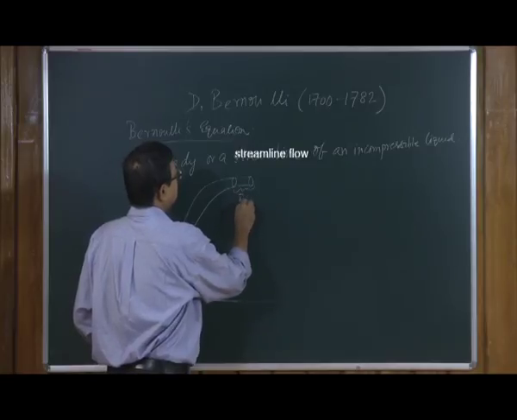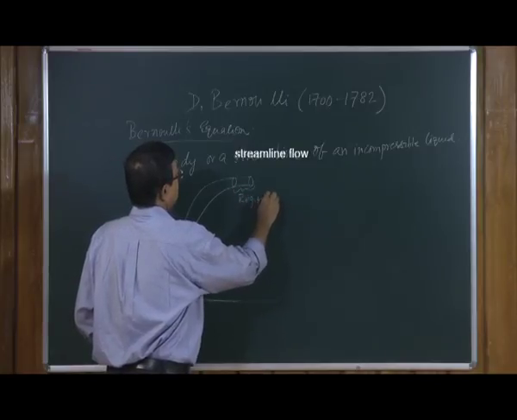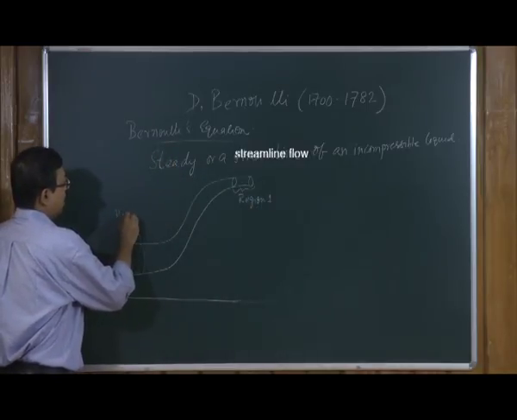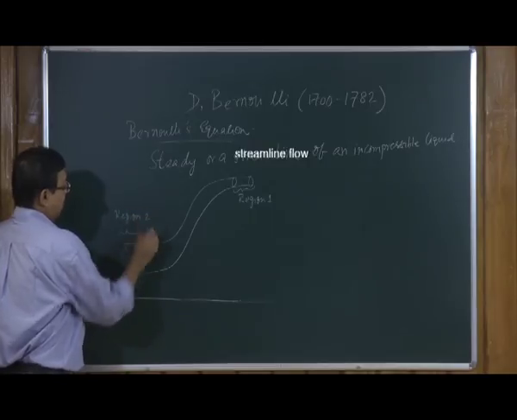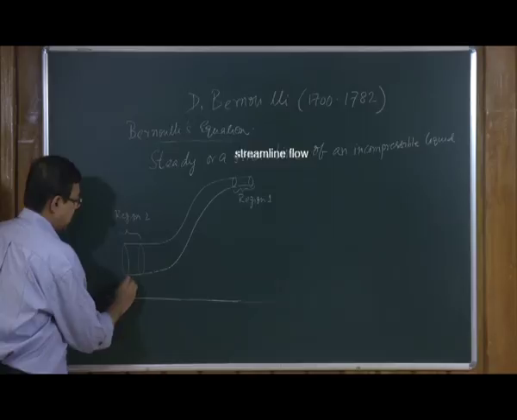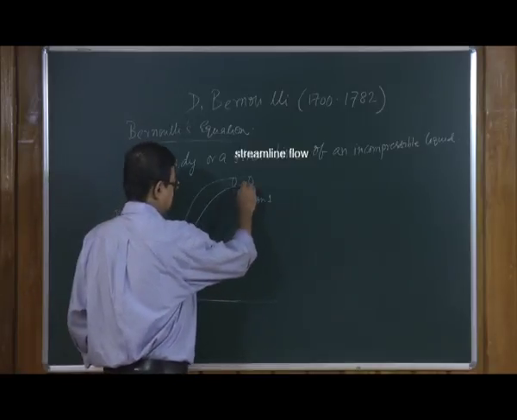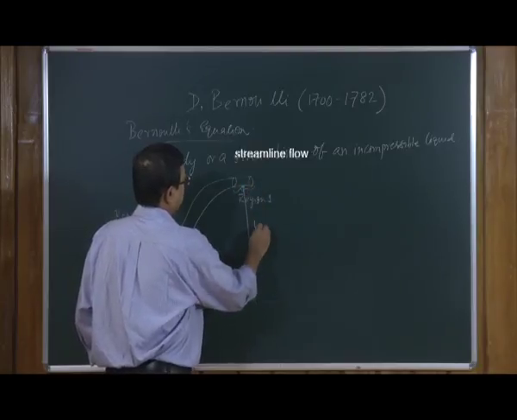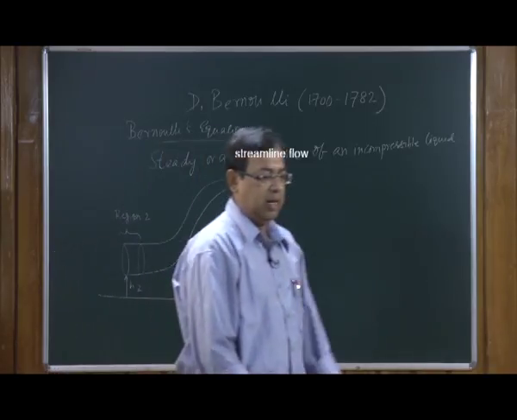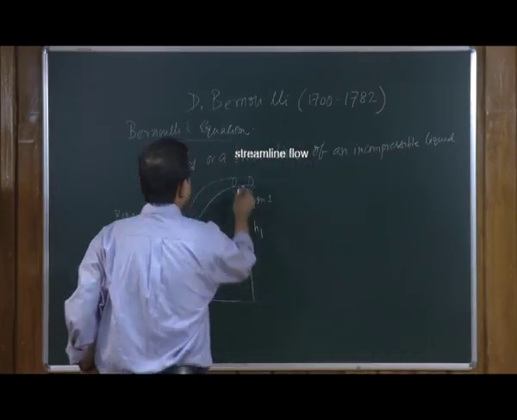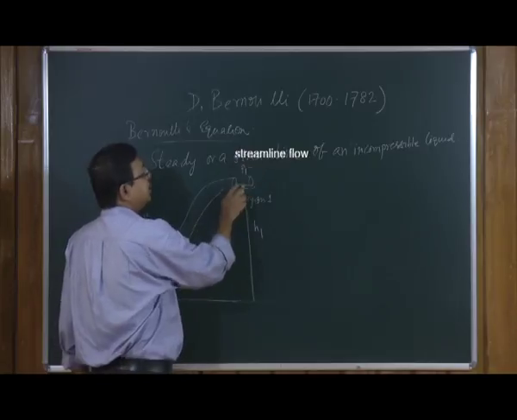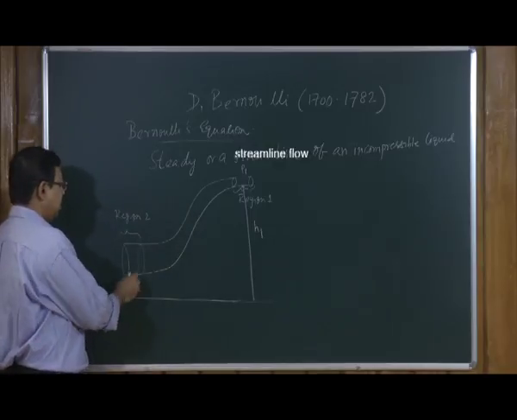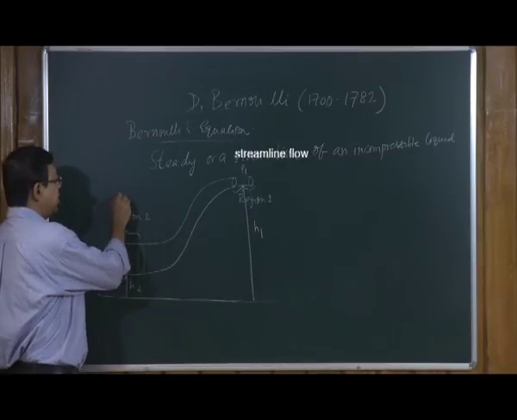Let us call this region 1 and this region 2. This is at a height h2, this is at a height h1, and the pressure recorded here is P1, determined by a pressure gauge. I am not drawing the gauge. The pressure is P2 here.